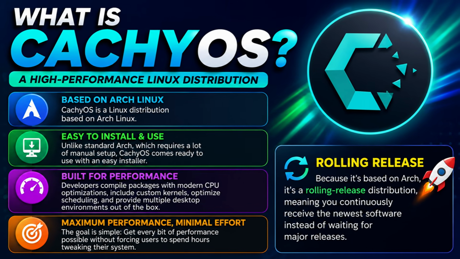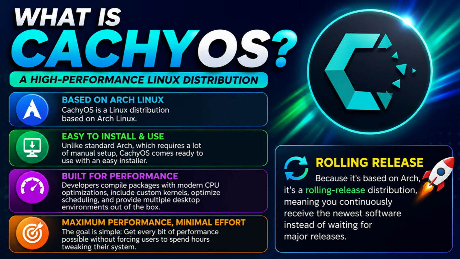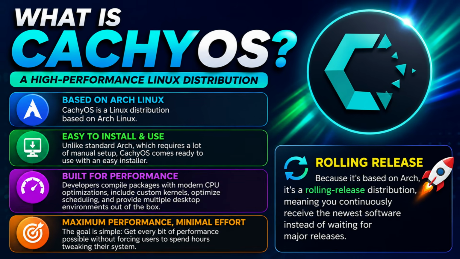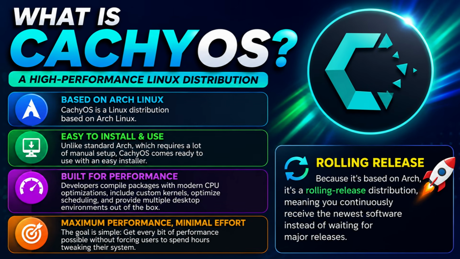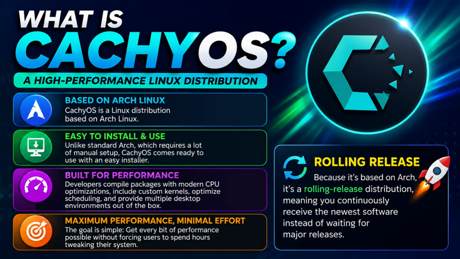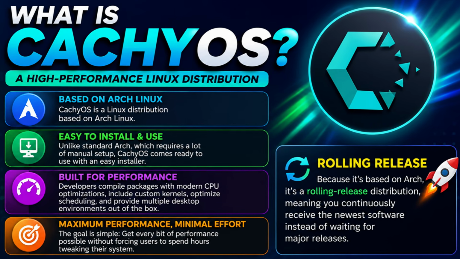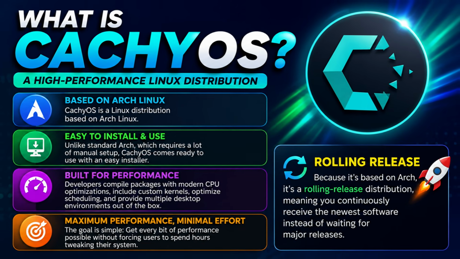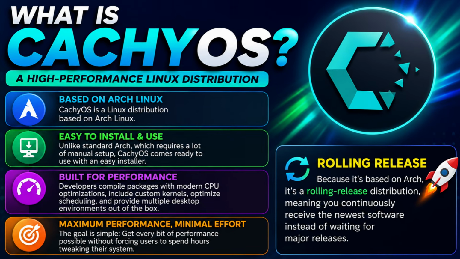The developers compile packages using modern CPU optimizations, include custom kernels, optimize scheduling, and provide several desktop environments out of the box. The goal is simple. Get every bit of performance possible without forcing users to spend hours tweaking their system. Because it's based on Arch, it's a rolling release distribution, meaning you continuously receive the newest software instead of waiting for major releases.